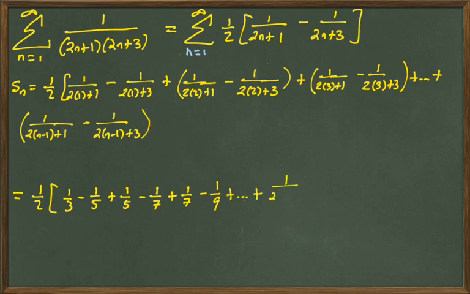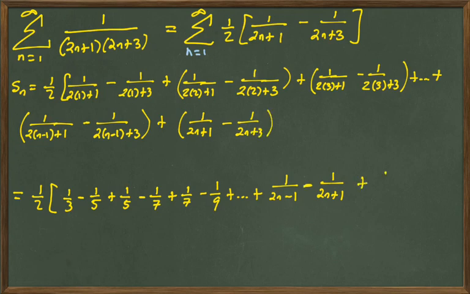Okay, and so that's going to simplify to 2n minus 1 minus 2n plus 1. And then the nth term. Okay, and then we'll start canceling.